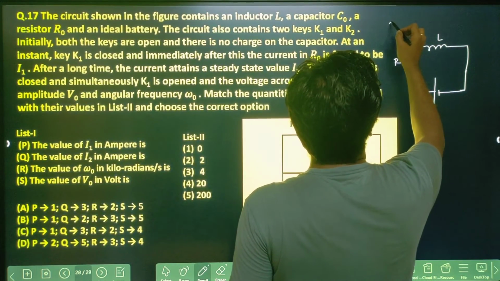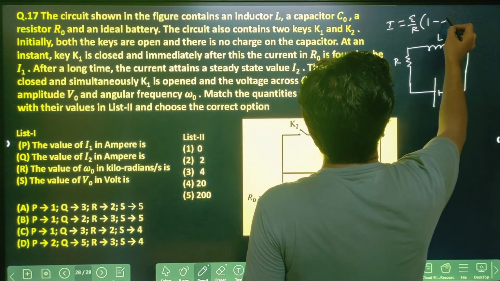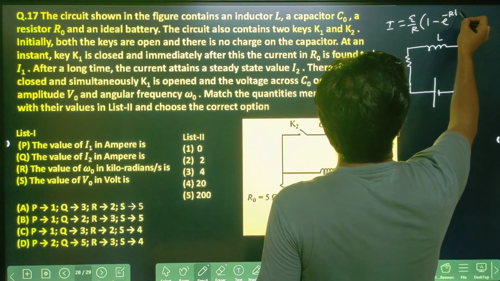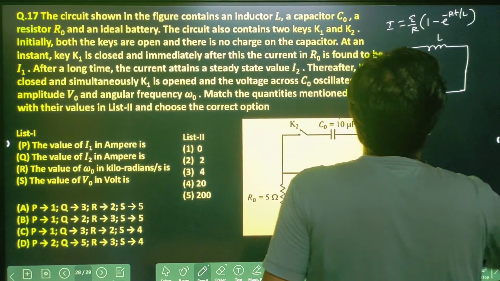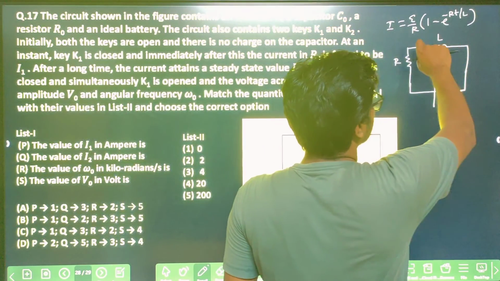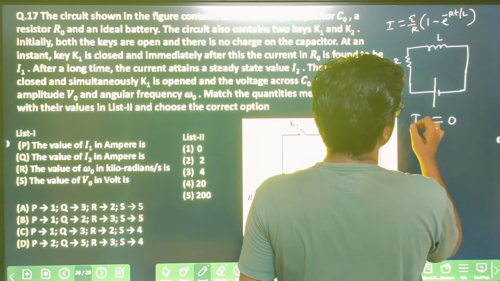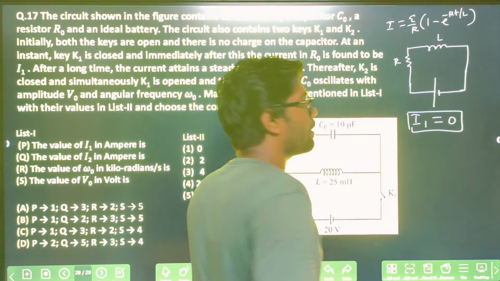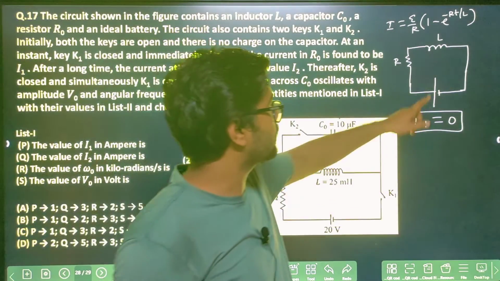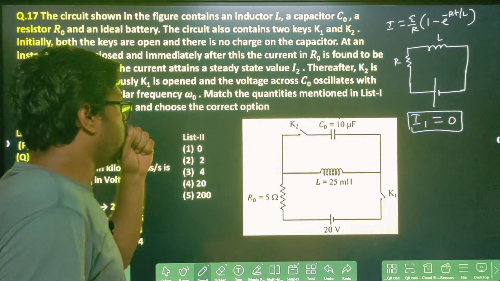You know that current I equal to E by R times 1 minus e power minus Rt by L. So at t equal to 0, the inductor behaves as an open circuit, or you can say that current is 0. So obviously I1 is 0, right? Just after closing the key, the current will be 0.